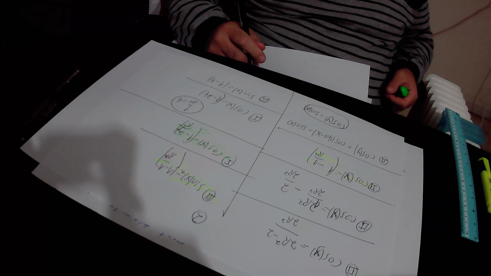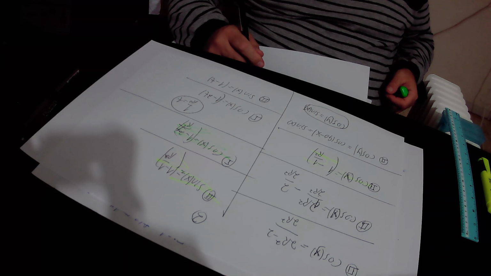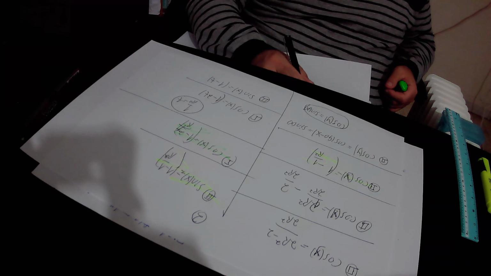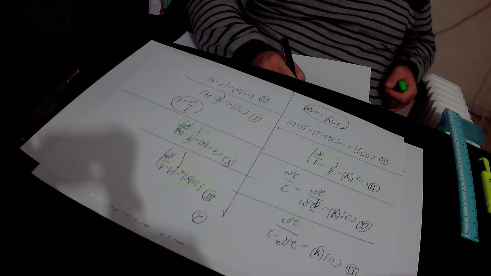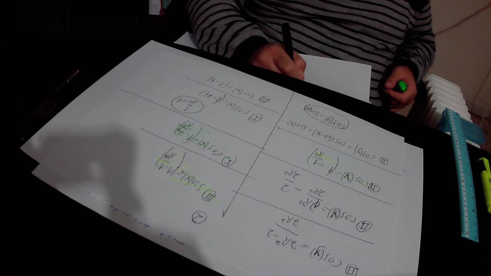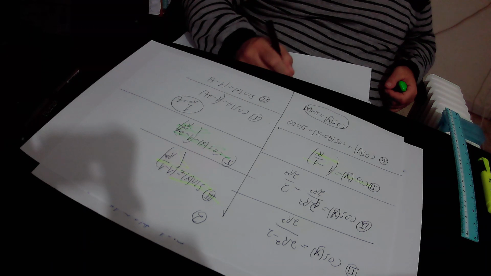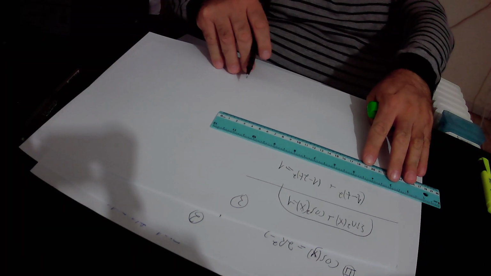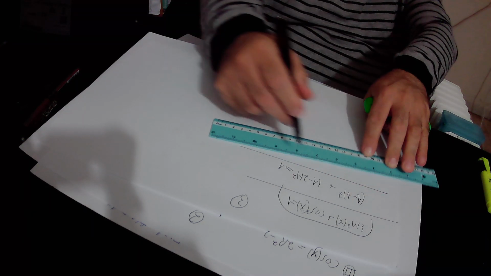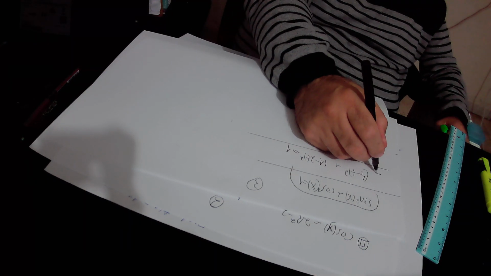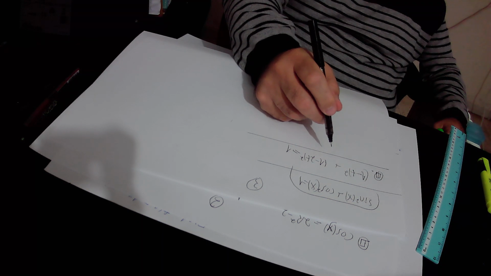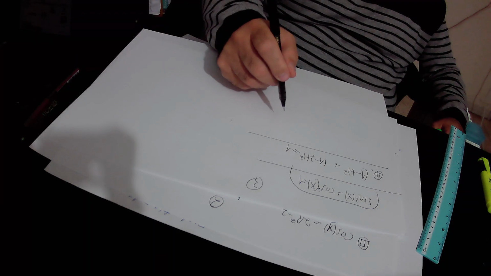Cosine x equals 1 minus 2t, therefore cosine square x will be equal to 1 minus 2t square. And it is equal to 1 according to our trigonometric identity. So actually we found out that according to equation number 3, 1 minus t square plus 1 minus 2t square equals 1.